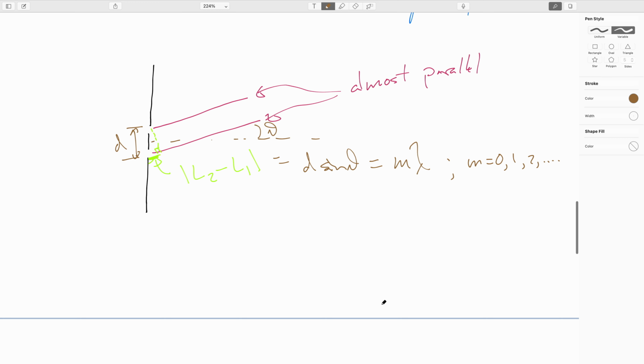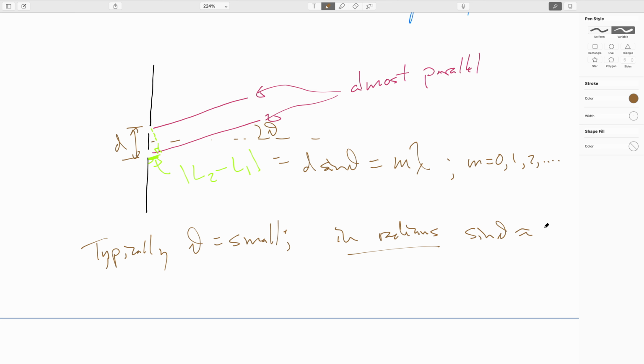So now the trick here is that since D is so much less than L, any angle you're going to measure is going to be very small, typically no more than a degree or 2. So we can say typically theta is small, which means in radians, and you do have to work in radians if you use this approximation, the sine of theta is approximately theta itself.